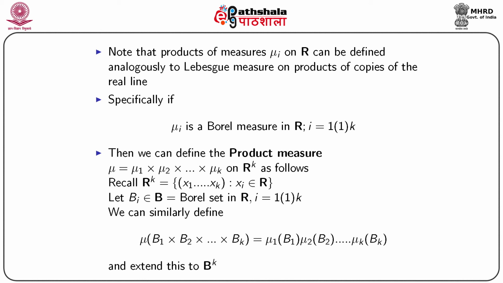Now we consider Bi belonging to B, the Borel sets in the real line, giving B1, B2, ..., Bk. We can similarly define mu of B1 times B2 times ... times Bk as mu1(B1) times mu2(B2) times ... times mu_k(Bk), and extend this to the k-dimensional Borel sets, that is, B^k.